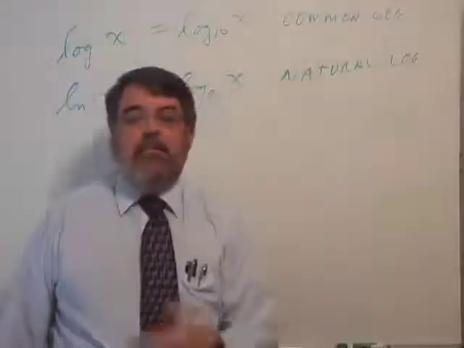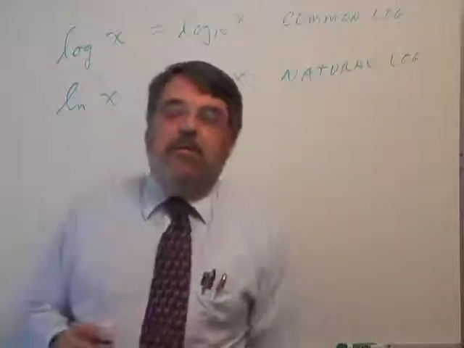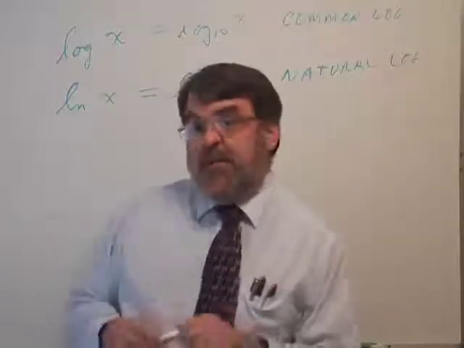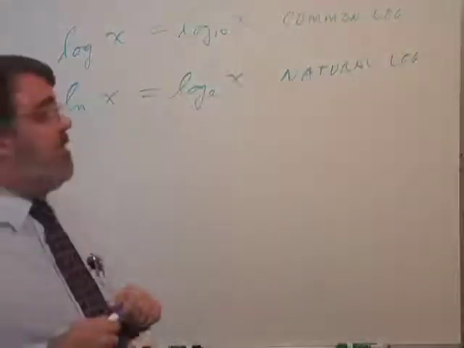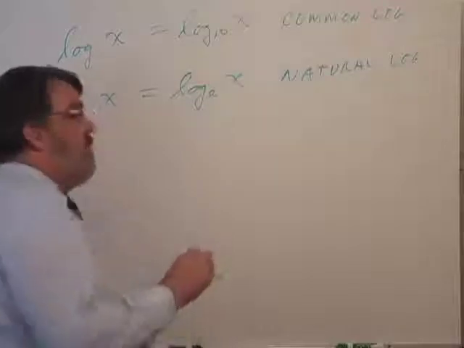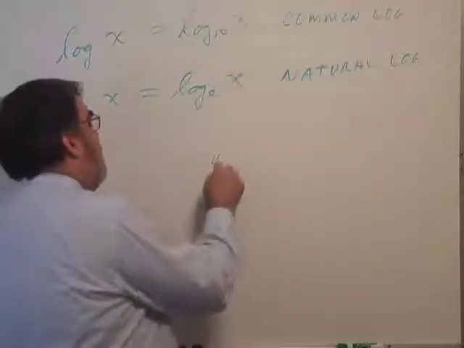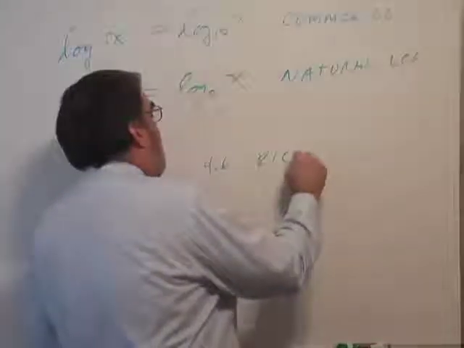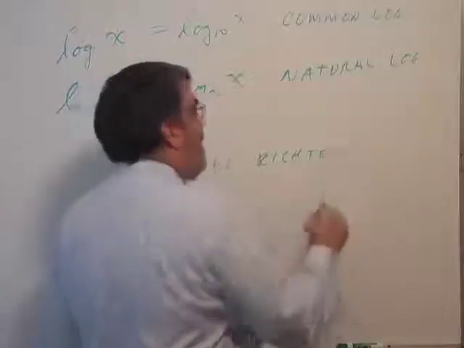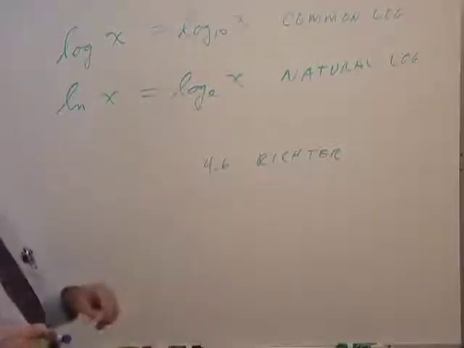The common log is associated with some scientific scales. For example, the Richter scale, measuring earthquakes, is a logarithmic scale. So, for example, if you went through an earthquake that was 4.6 on the Richter scale, and I've been through an earthquake like that out in California, I experienced one of those, and it gave quite a shake.